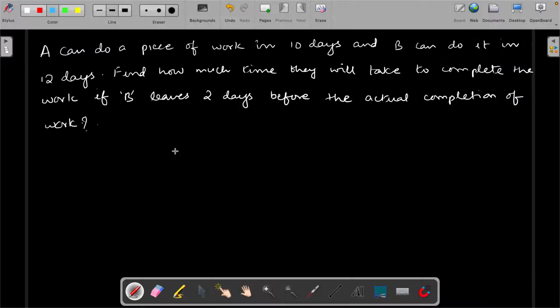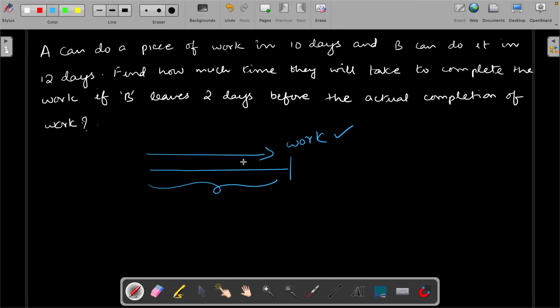We know that work is done, but we don't know the situations that happened in the process of completing that work. Now in the question, they have given some particular situation or scenario.